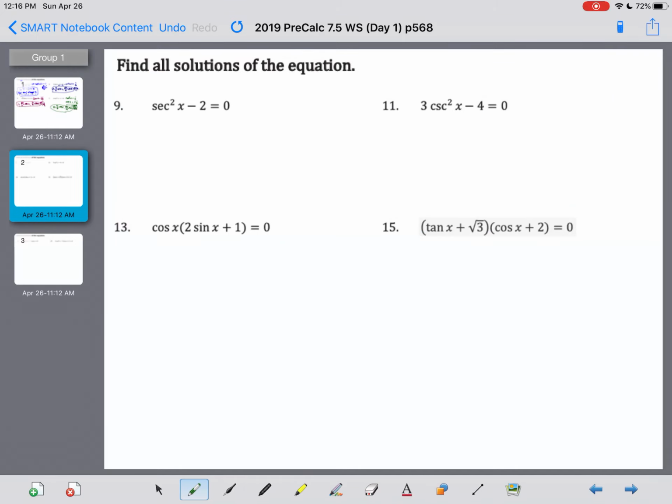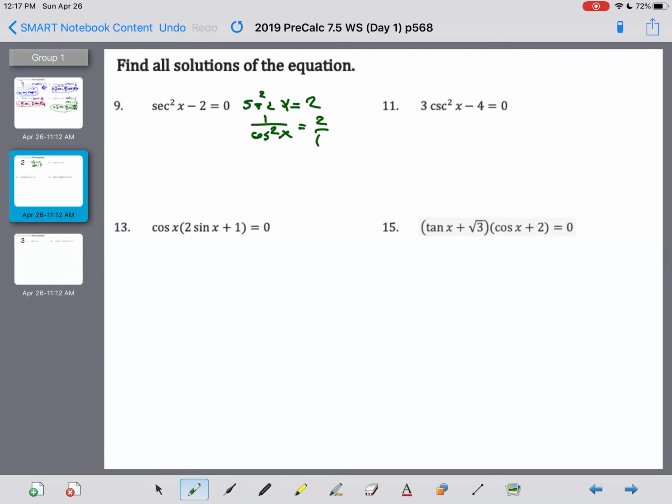So kind of continuing on here, I'm going to add the 2 over, so I'm going to get secant squared x equals 2. Again, that's 1 over cosine squared equals 2 over 1.